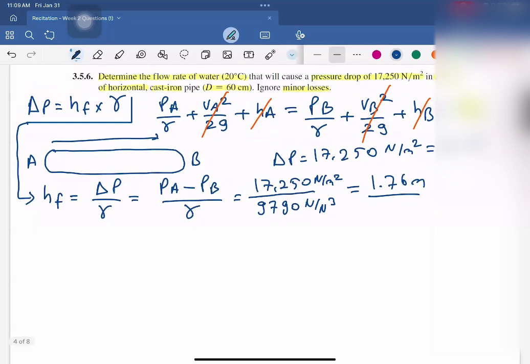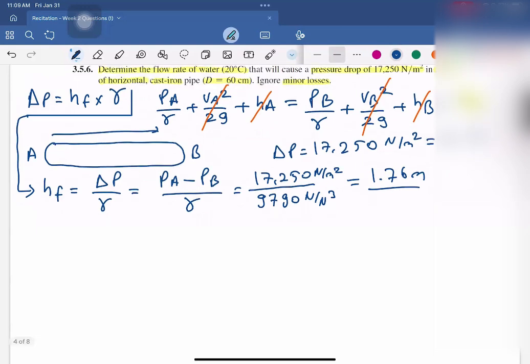And now we need to find flow rate, and we wrote the equations we need. But since we don't know velocity now, we can use the head loss equation because we have already found head loss here.